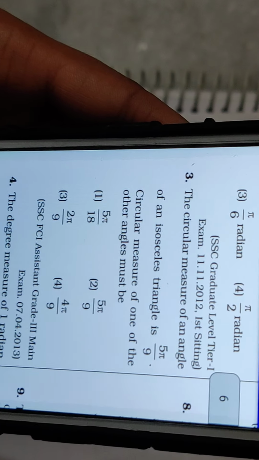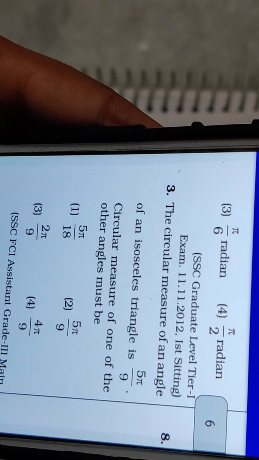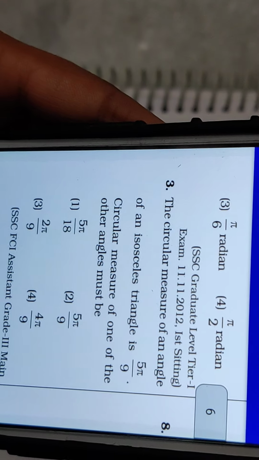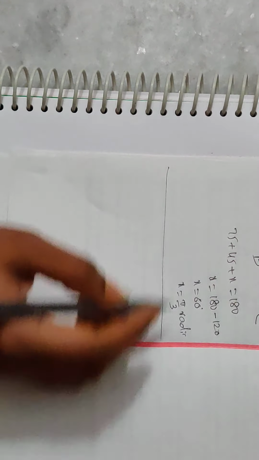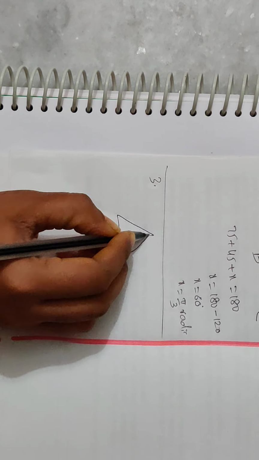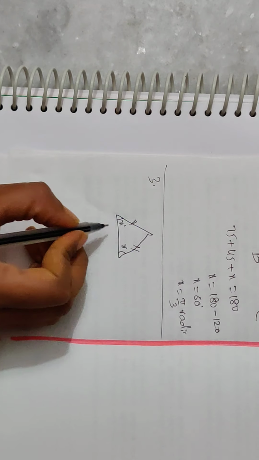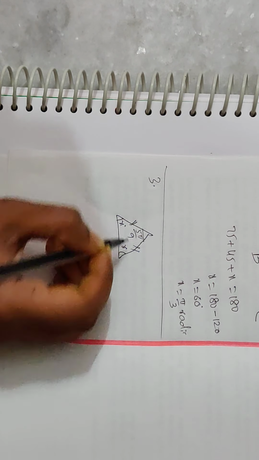The circular measure of an angle of an isosceles triangle is 5 pi by 9. The circular measure of one of the other angles will be. Next, question number 3 is given. Isosceles means two angles should be the same, let us say x and x, and the other angle is 5 pi by 9.